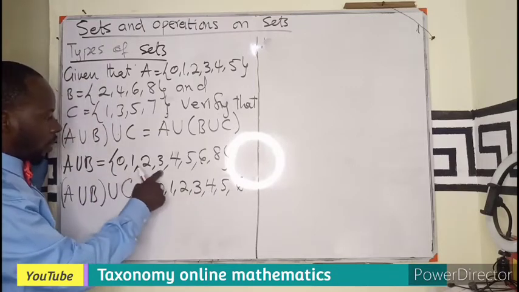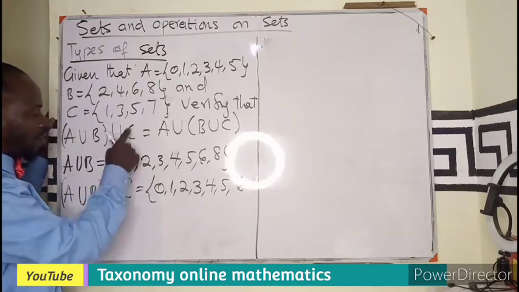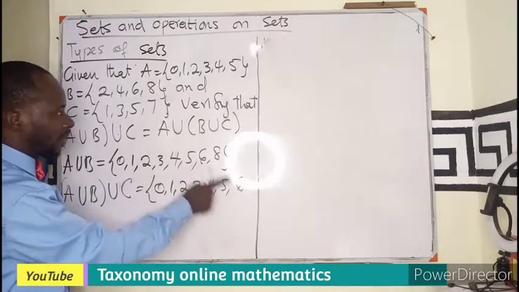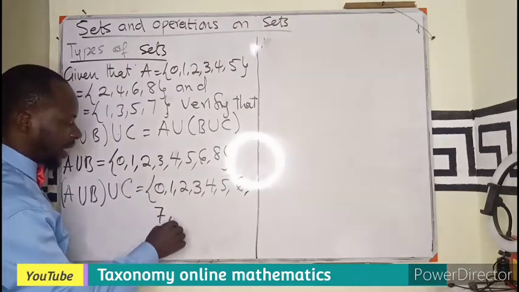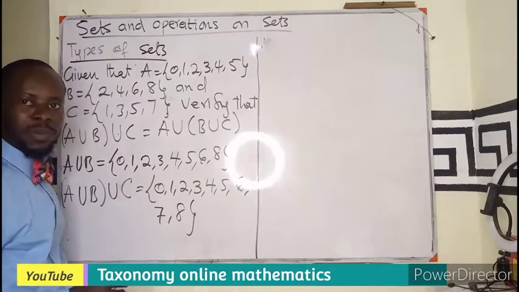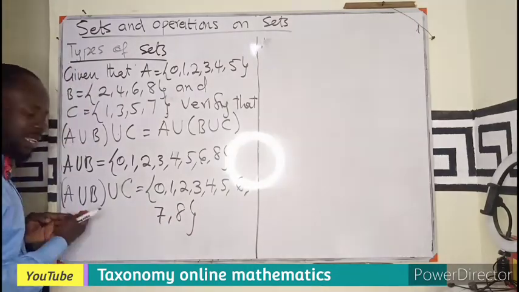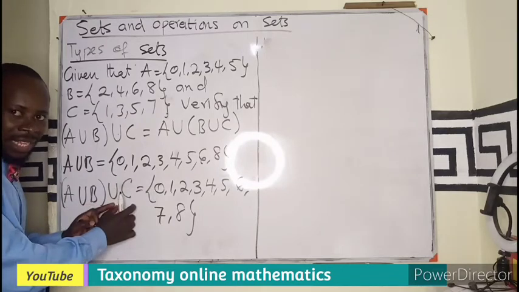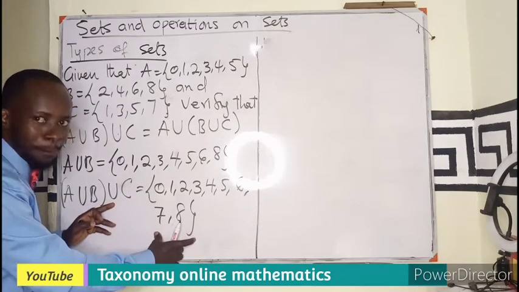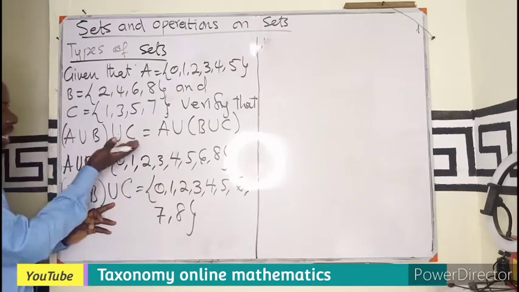So all these numbers combined with this, we can see that after 6, we have 7 before 8. So here I have 7, then 8. So combining A union B as one set with C, that is union C, we get this term. So this is the left hand side.